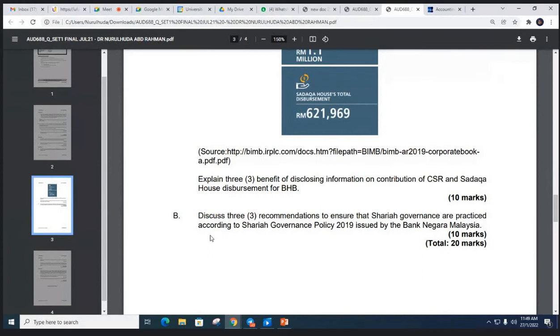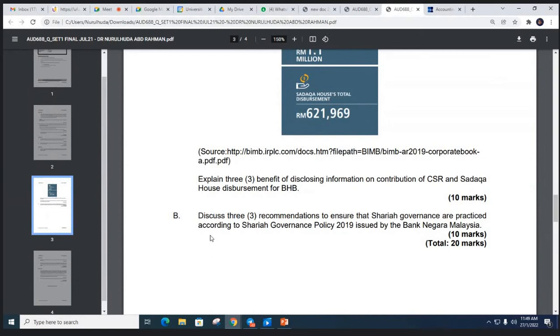Bila you nak jawab soalan ni, you boleh cakap the bank buat perkara ni, yang mana perkara tu required by Sharia governance policy. Boleh? To show that they practice accordingly lah. Kalau Sharia governance policy kata to have qualified Sharia committee, so, you boleh cakap Islamic financial institution should have appointed Sharia committee which specific qualification ini as stated by Sharia governance policy. So that they show they are in compliance.